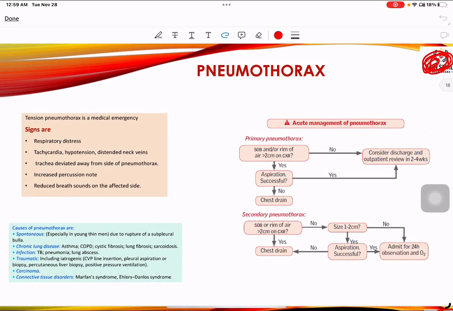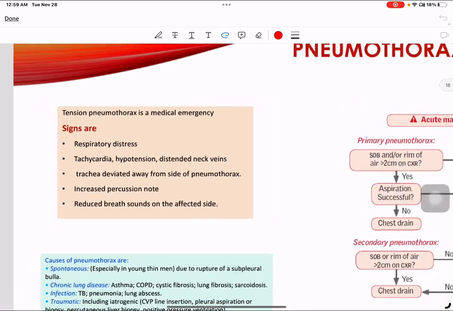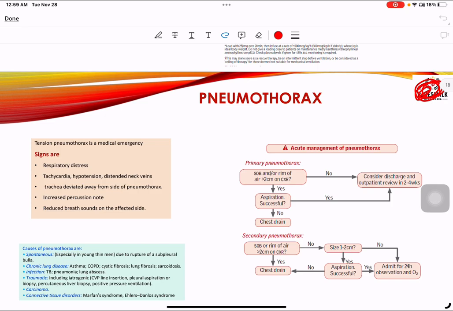There is another very severe presentation, that is pneumothorax. In case of pneumothorax, on chest examination the patient will have a hyperresonant silent chest.